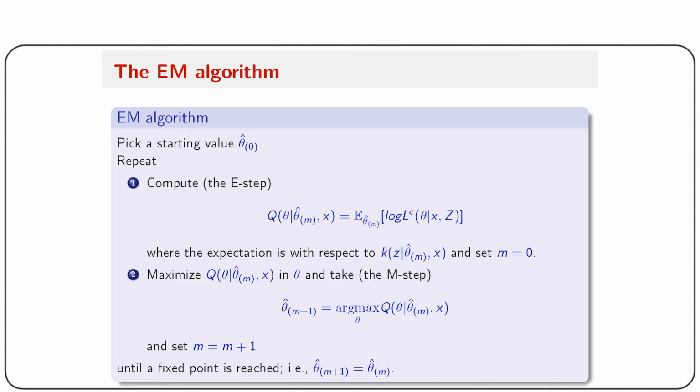Then maximize Q(theta given theta hat m, x) in theta and take theta hat m plus 1 equals argmax over theta of Q(theta given theta hat m, x), and set m equals m plus 1, until a fixed point is reached, theta hat m plus 1 equals theta hat m.